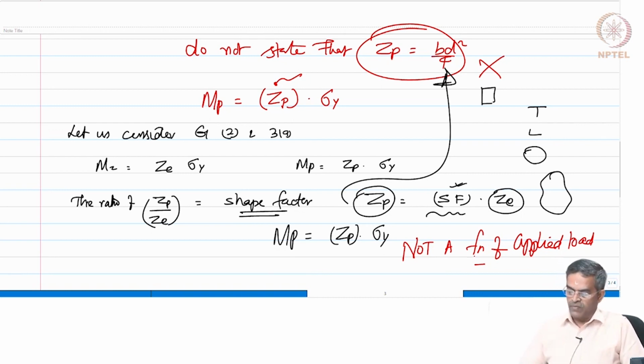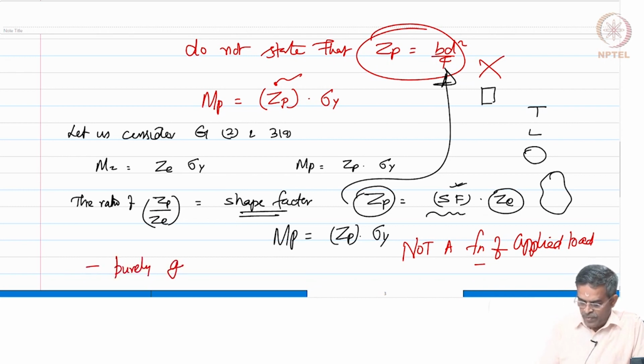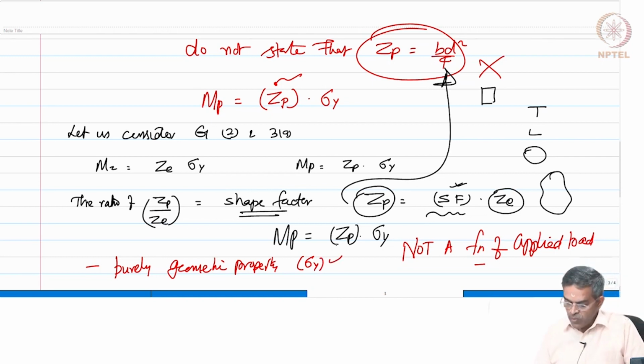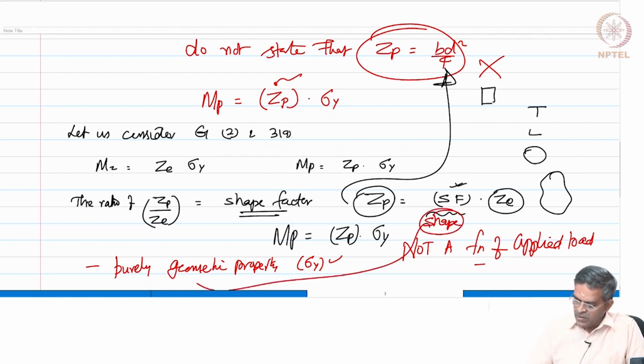It is not a function of load, it is purely a geometric property. Of course, sigma y is present. So, that is why we wanted to introduce a factor called shape factor. Shape is related to geometry.